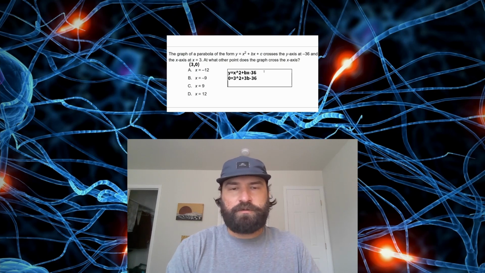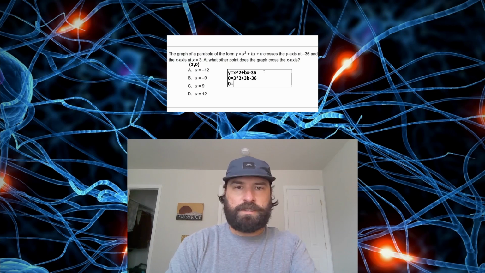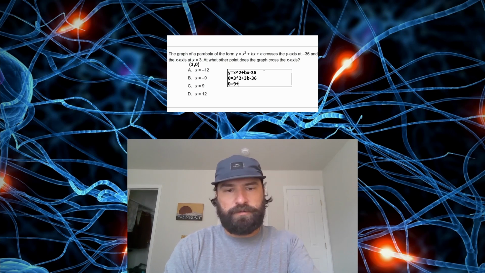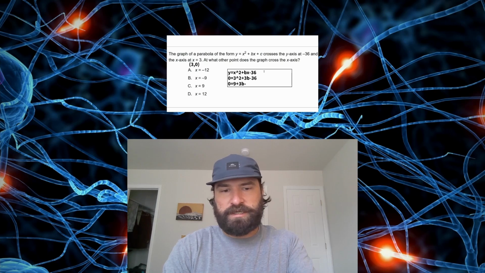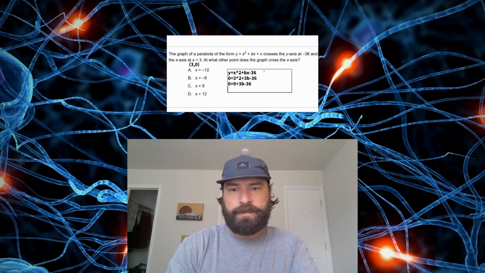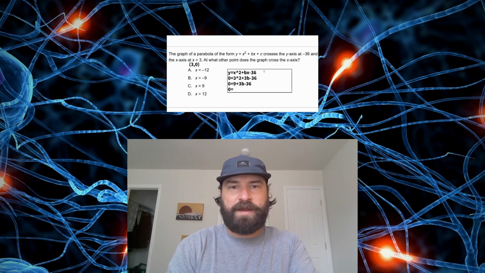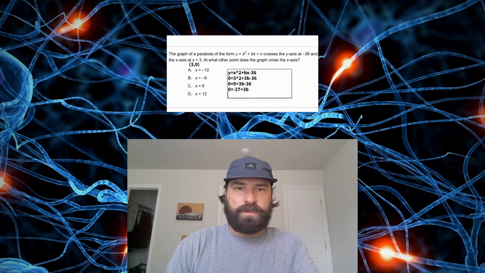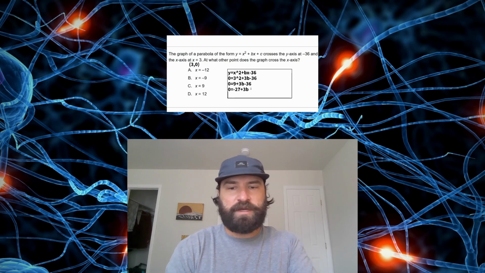Now I'm just going to solve this equation for b. So that's going to give us 3 squared is 9 plus 3b minus 36. Just combining like terms, 9 minus 36 is negative 27 plus 3b. Trying to isolate the b, I'm going to add this 27 over because it's a negative 27, so to get it to the other side, I have to make it a positive 27.